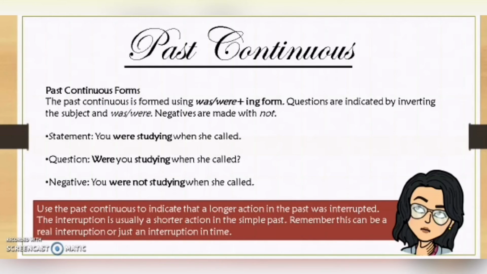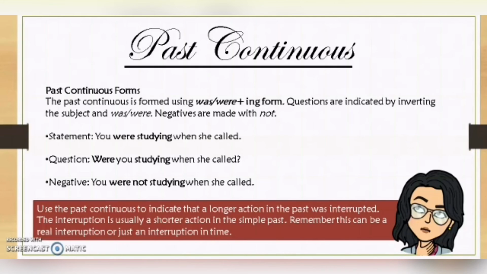Well, in this case, someone answered the question for you. For example, if you don't remember the action and someone asks you, were you studying when she called? And you don't remember, a friend or your mom or your sister or brother answers the question and says, no, you were not studying when she called, because she's talking about you, the other person, okay?